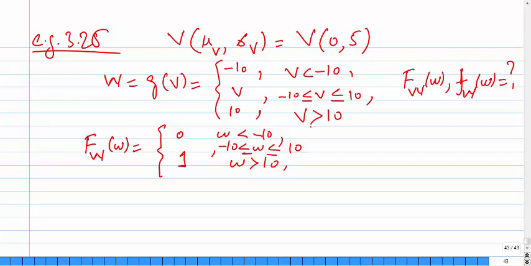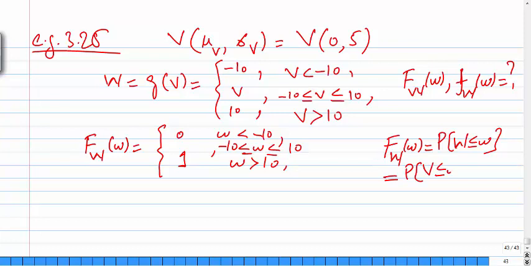So how do we write this? We relate the probability: F_W(w) equals the probability that W is less than small w, which equals the probability that V is less than w, which equals F_V(w).